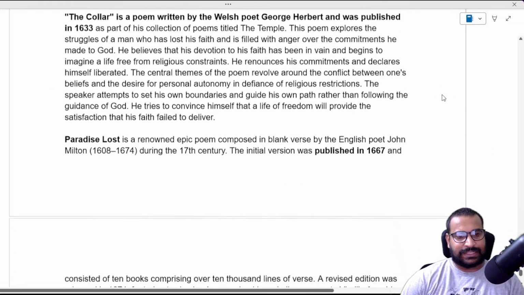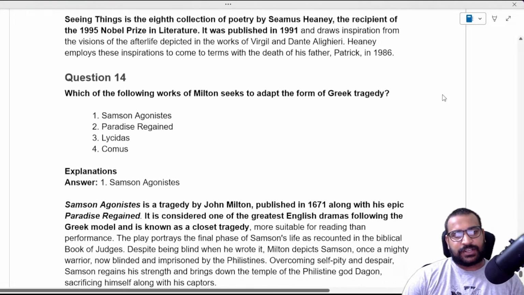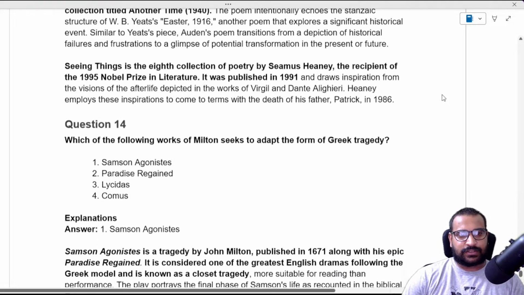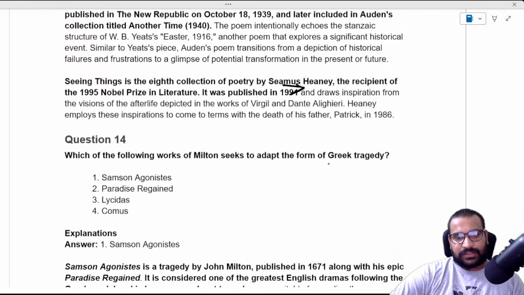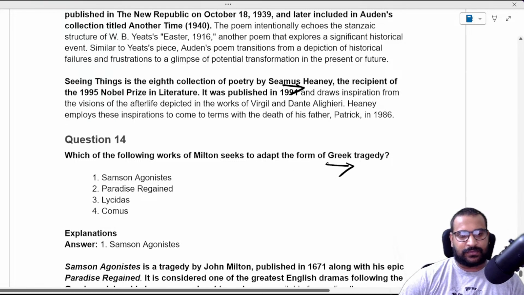So you can easily answer. Question number 14, which of the following works, so Seeing Things, remember, is by Seamus Heaney, and which of the following works of Milton seeks to adapt the Greek tragedy? Greek tragedy, Greek theme is from Samson Agonistes. Easy to answer.